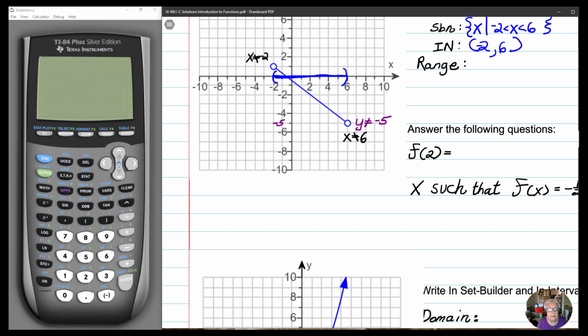And here, because we have an open circle, y cannot equal +1. Doesn't matter which way you make your slash. Okay, so I'm going to put a parenthesis here and a parenthesis here, and I'm going to graph the range of this line segment.